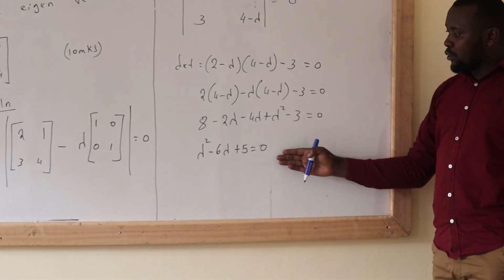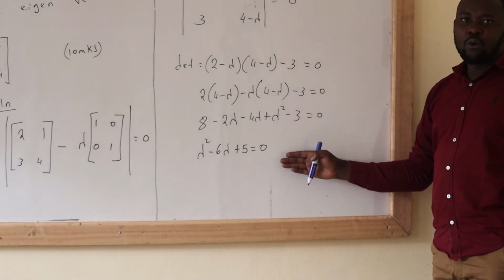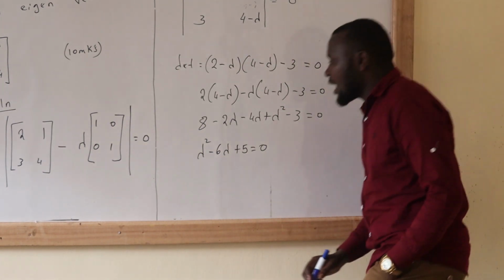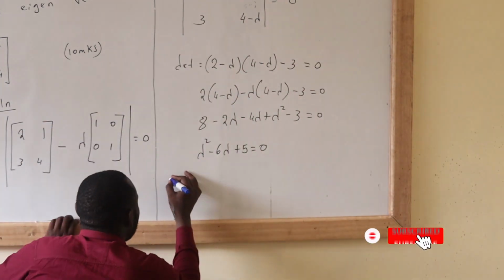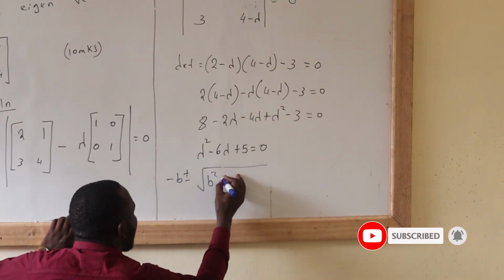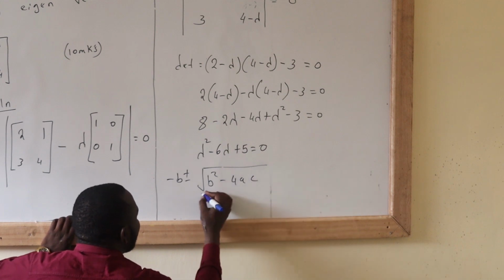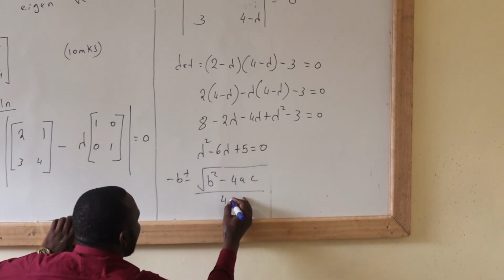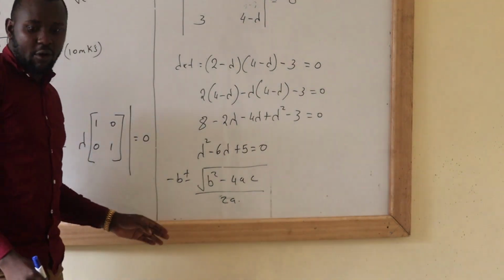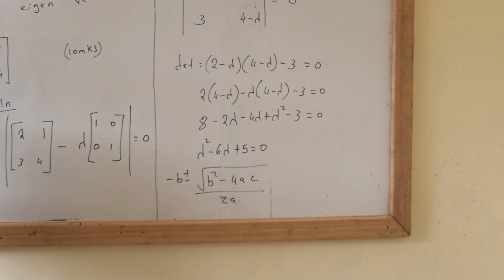So we can use a quadratic formula to solve this problem. And the quadratic formula says negative b plus or minus the square root of b squared minus 4ac, divided by 2a.